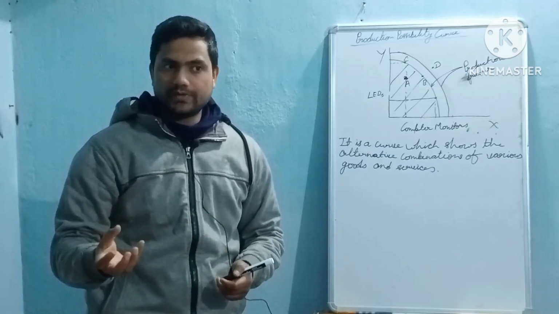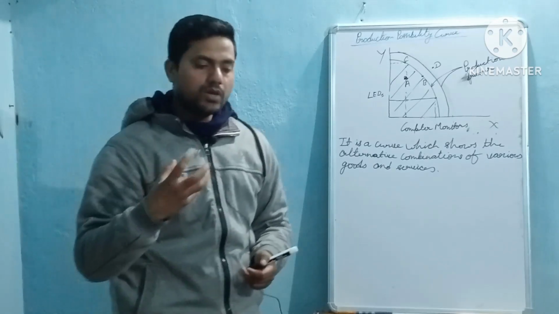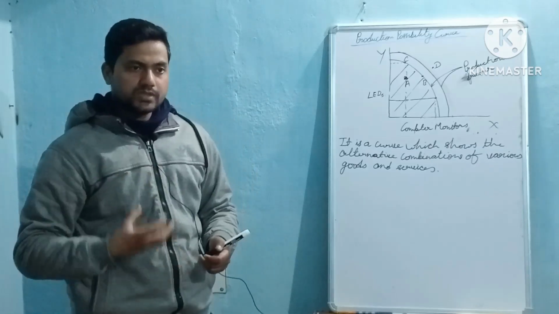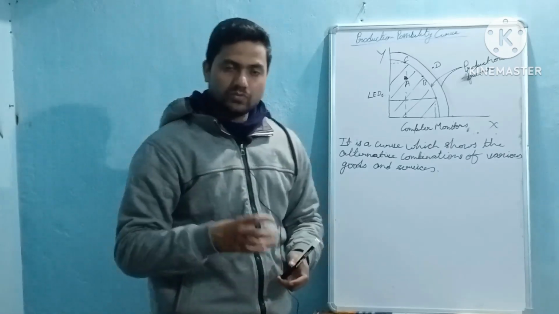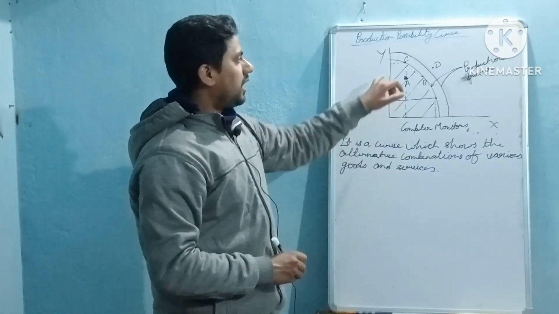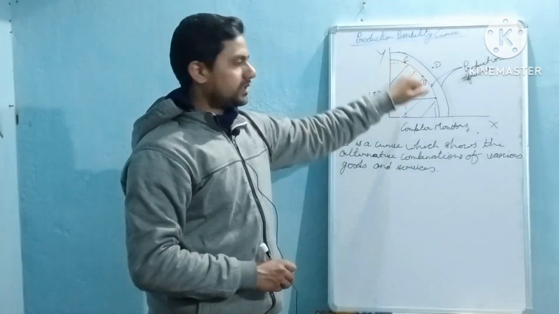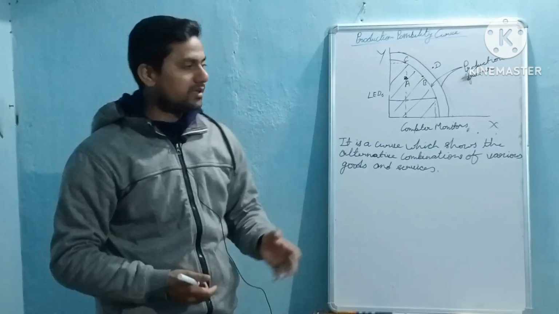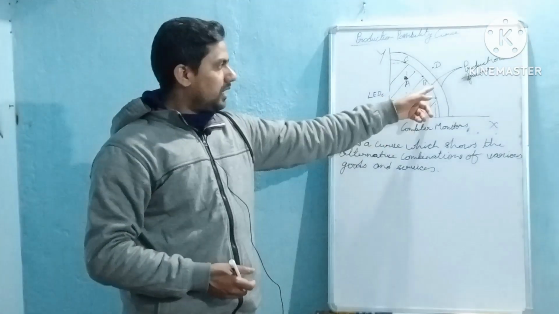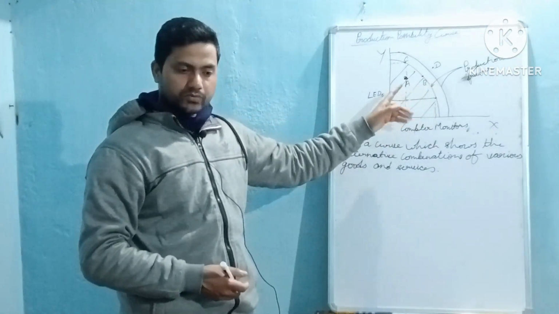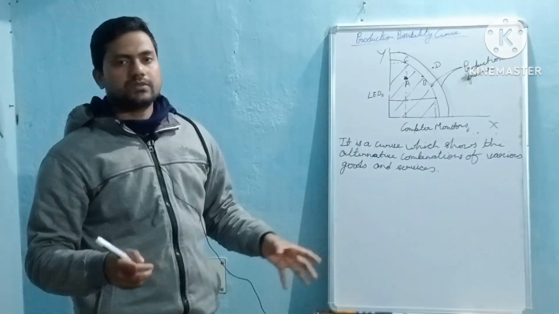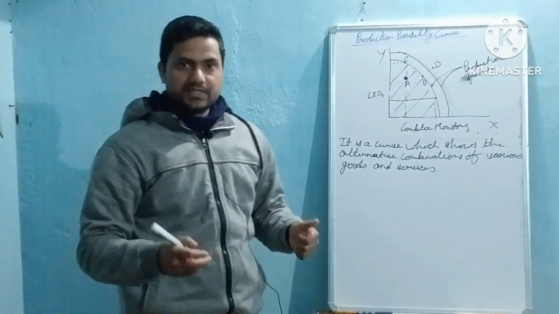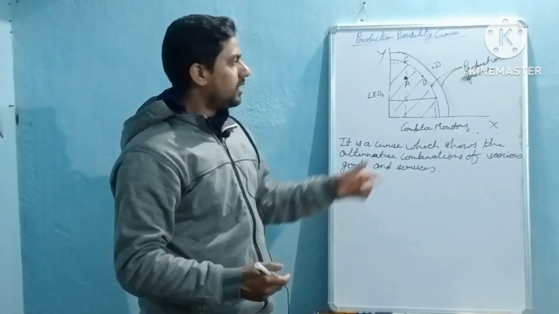If we use resources efficiently, then we are at any one point on this curve. If we are not using resources efficiently, then we are to the left of this curve.